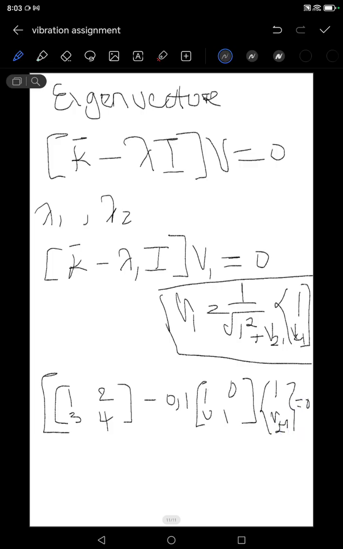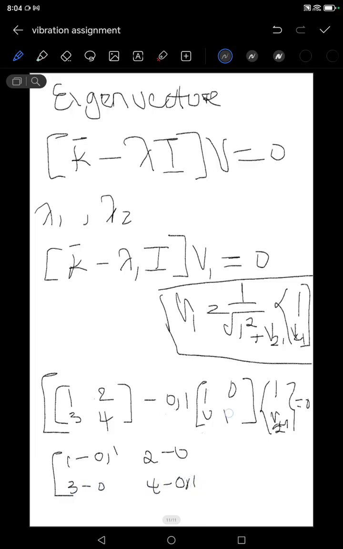So remember, we're looking for V21. To do that, we multiply this 0.1 with this matrix. 0.1 multiplied by 1 is 0.1, and then 0, 0, and 0.1. After that, we have 1 minus 0.1, 2 minus 0, 3 minus 0, and 4 minus 0.1.